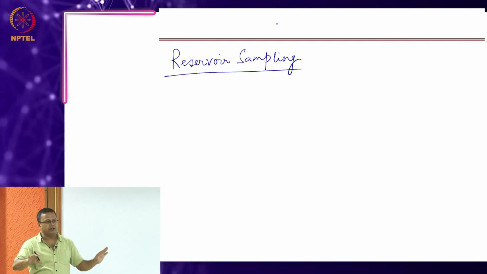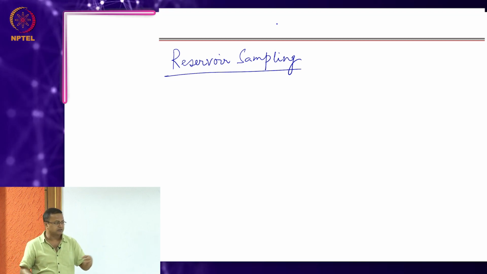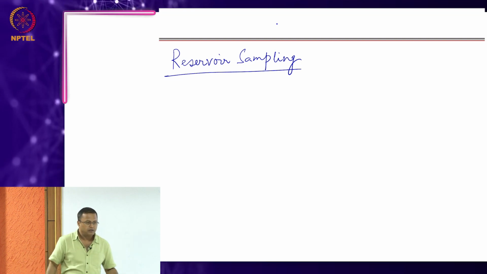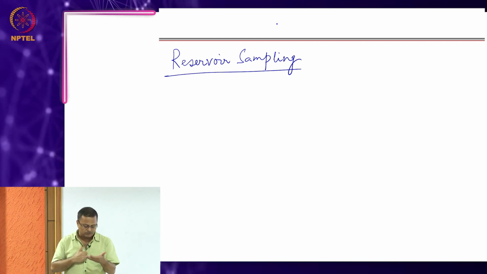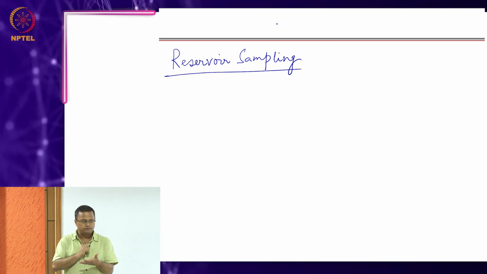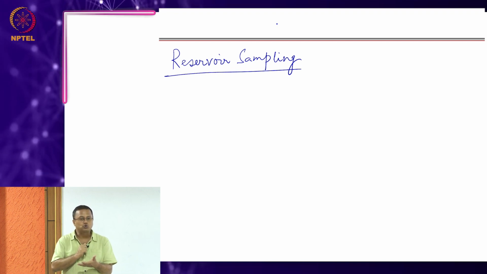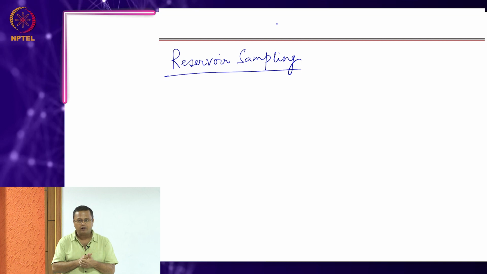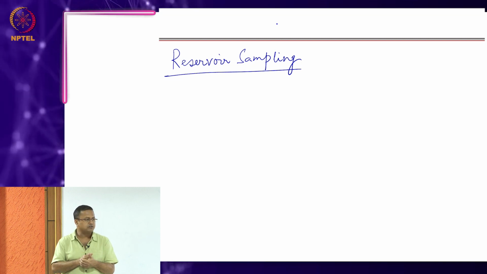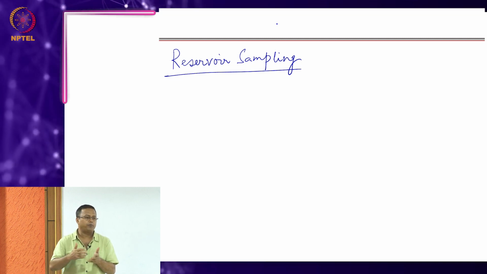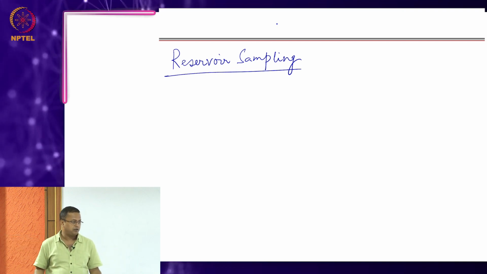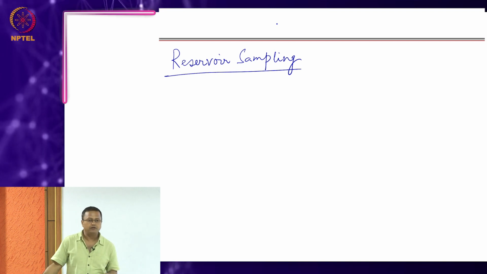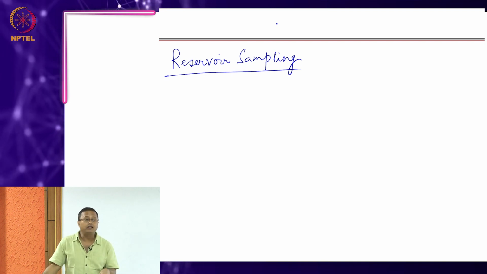So, this aptly captures this network router problem. Okay. So, the problem is as follows. So, this router has this traffic going along. So, it has to store a sample of size which is very small compared to the full traffic that has gone by, but the sample should be a uniformly random sample.